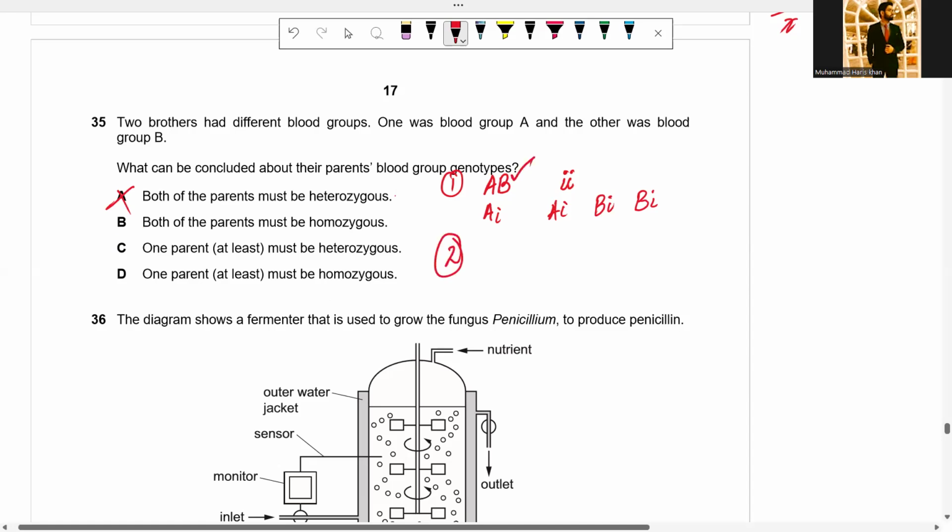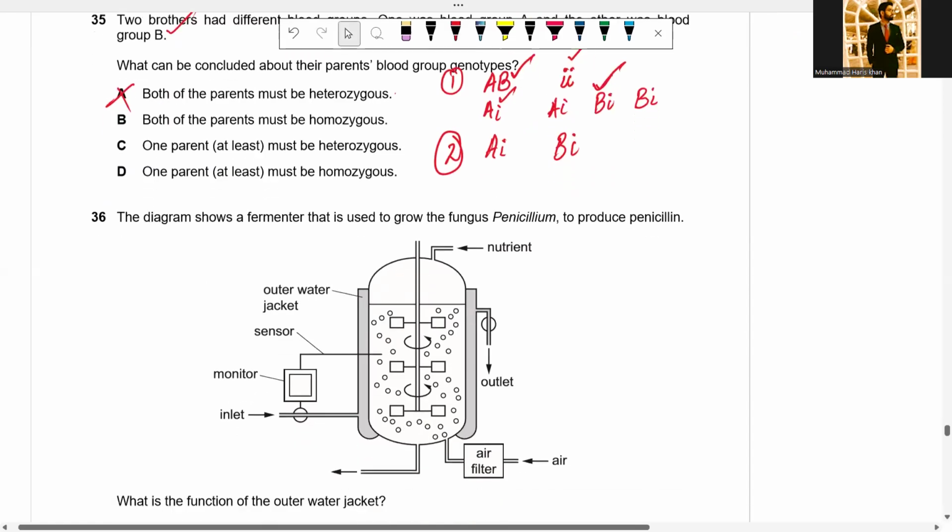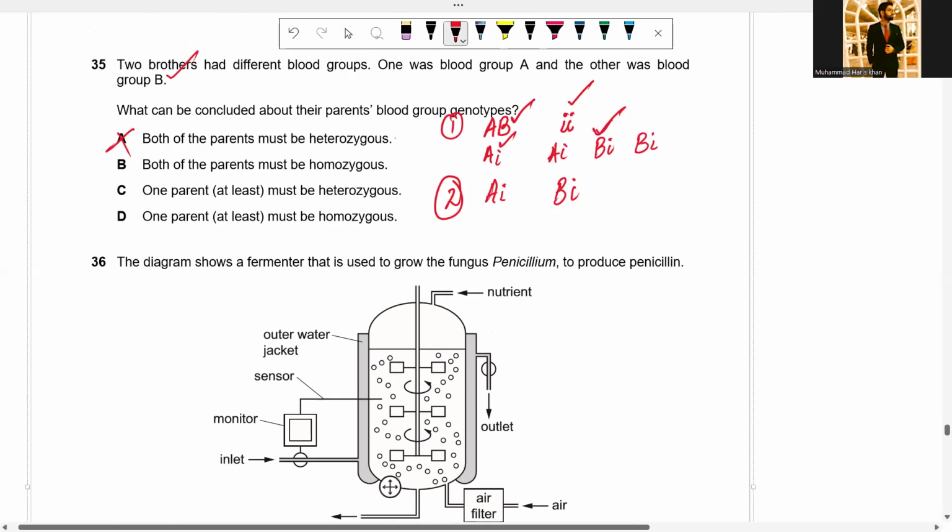This is heterozygous, this is homozygous. So this can be the result, the production of these two genotypes in offspring. So the answer will be C.